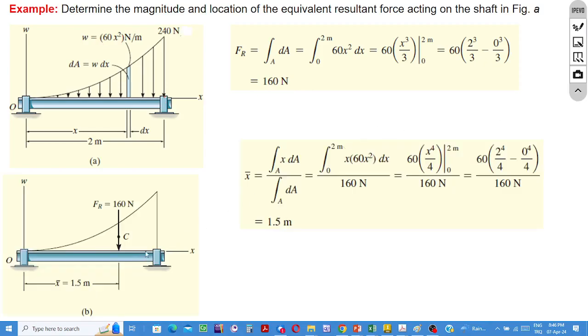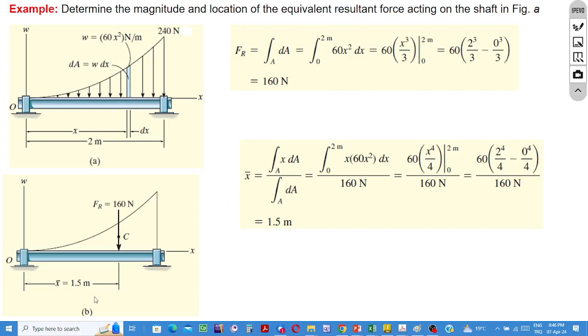If we shift the resultant force to that special location at which the rotation effect of this resultant force will be equal to the rotation effect of the distributed load, then it can represent the effect of the distributed load system fully, both the translational effect and the rotational effect.